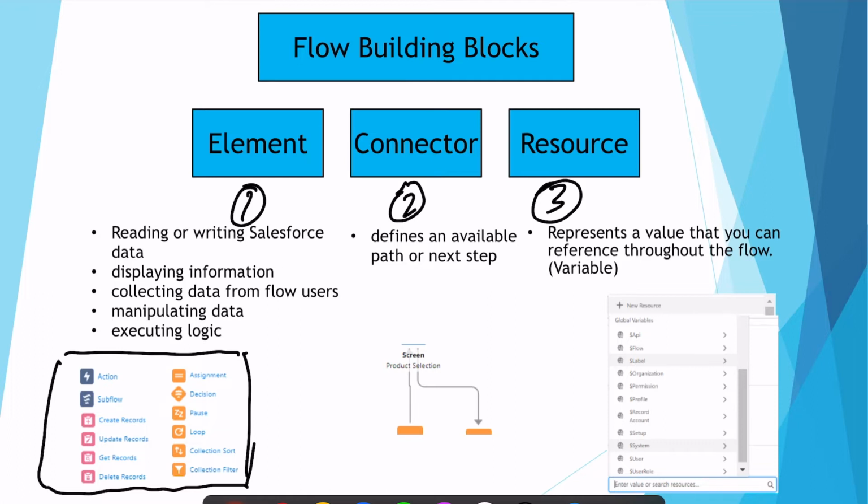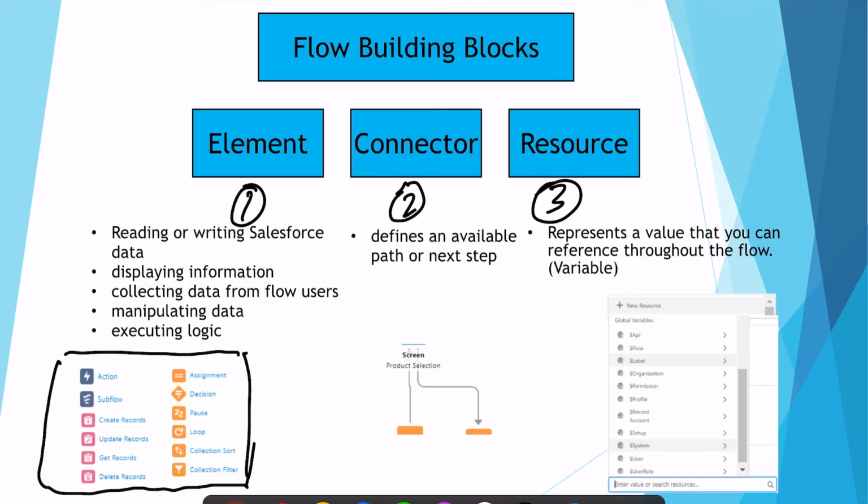These elements are used for reading and writing data and displaying information. If you would like to display some information on any page or by screen flow, then these are the elements that you can use. Collecting data from flows, manipulating data, executing logic: these are assignment, decision, loop, collection.